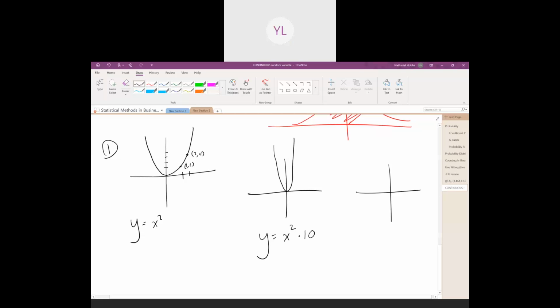Let's take the point 1, 1. When x equals 1, y equals 1 here. When x equals 1 here, what does y equal? Equal to 10. Great. And when x equals 2 here, y equals 4.